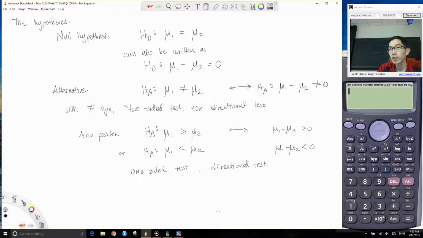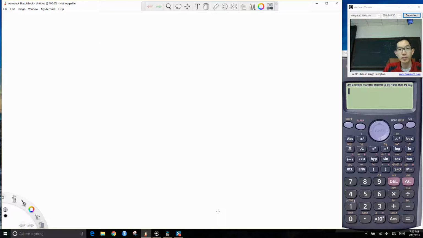Okay, and so effectively, when we calculate our p-value, the line of thinking goes like this. The next step is to get a p-value. We look at our data, and so again, from sample 1, I'm going to just make up some stuff.